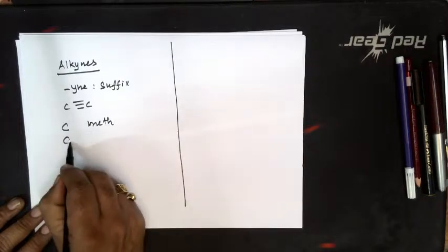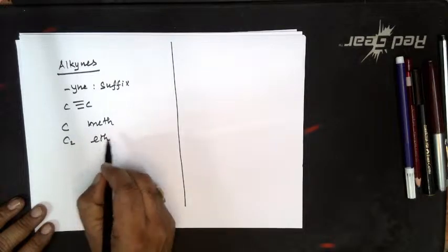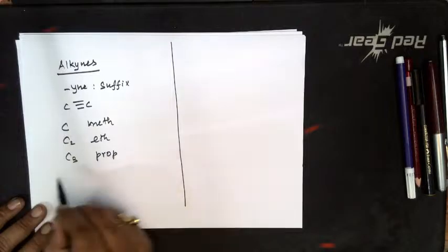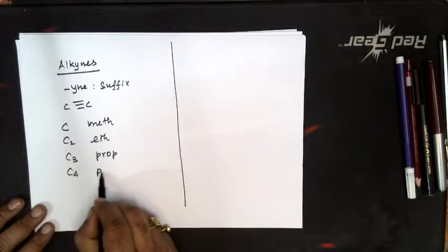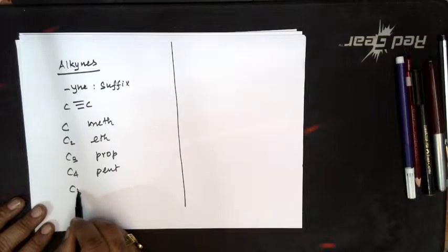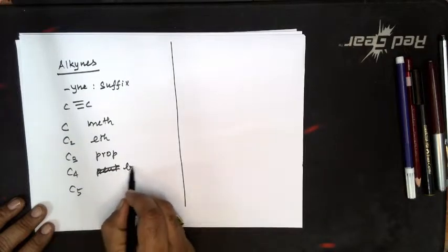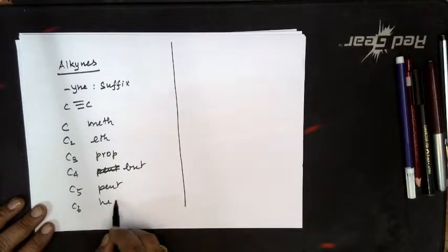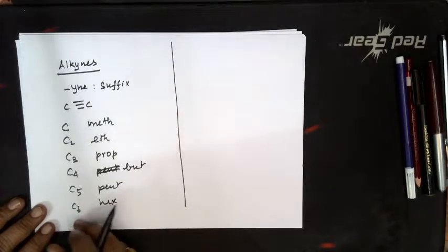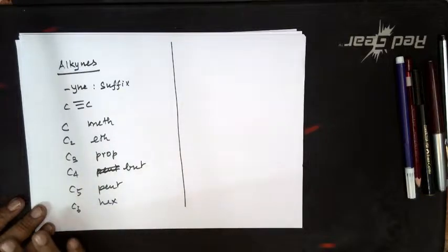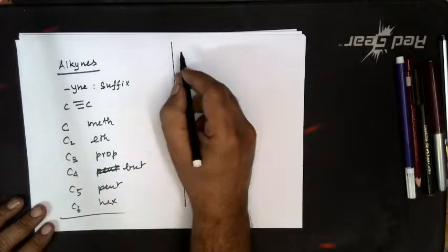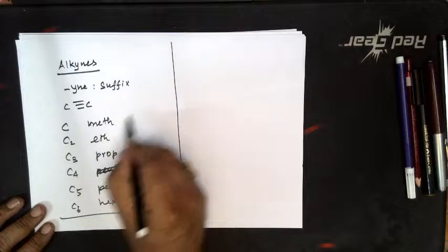C2, eth. C3, prop. C4, but. C5, pent. C6, hex. Likewise, hept, oct, non, dec. At least you should know up to 6.